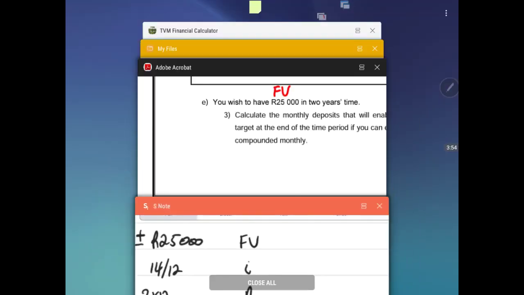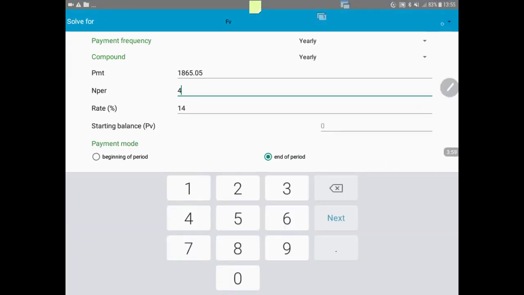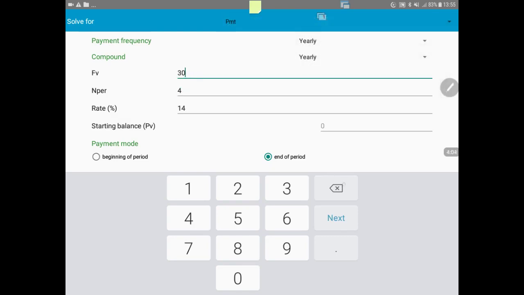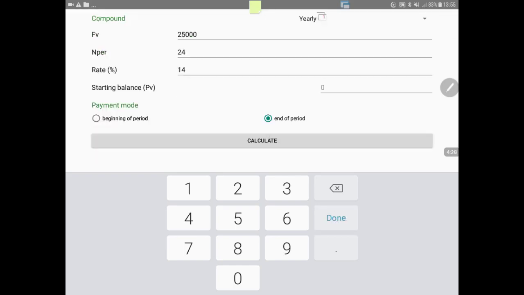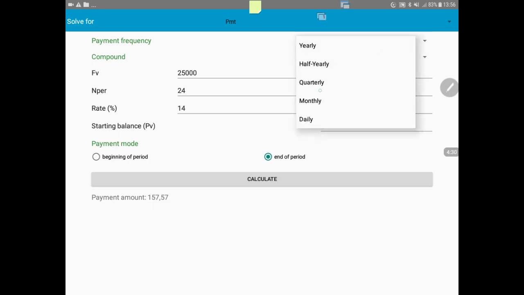I'll just use the app in this case, and I will not be using my calculator now. Future value, then we are looking for PMT, and the future value is 25,000 rands. The number of payments will be obviously 24. Interest rate is 14%. Then payments will be made at the end of the period. The interest is compounded monthly.